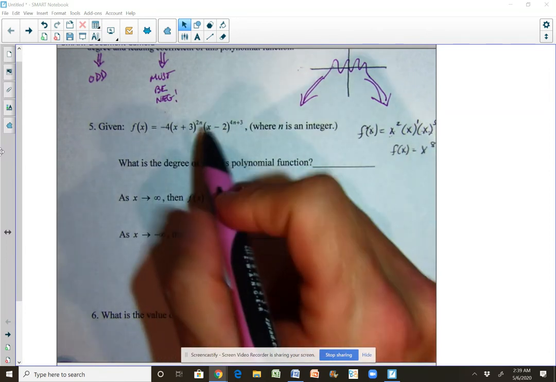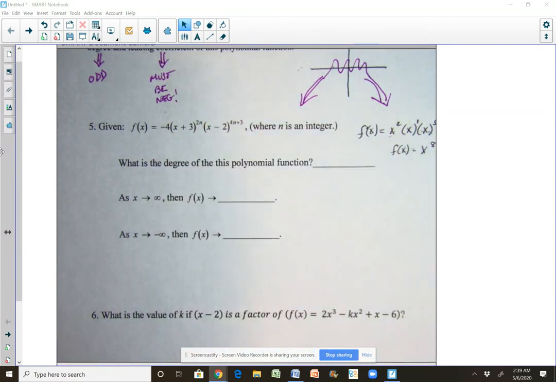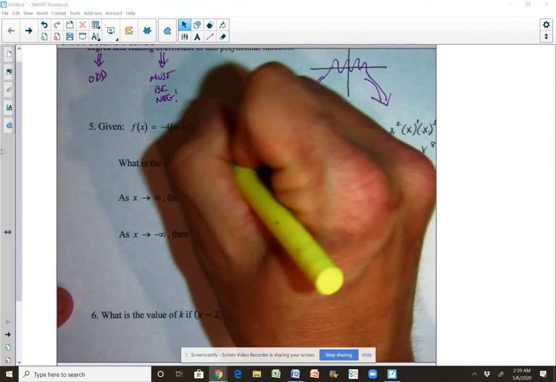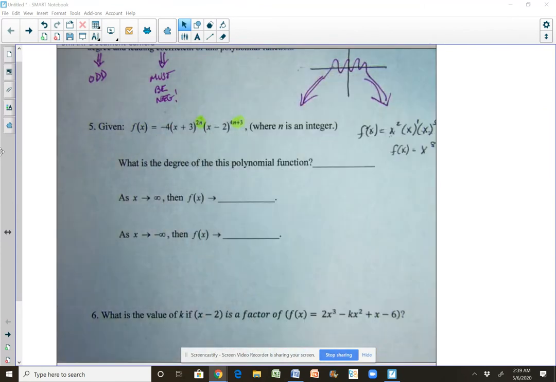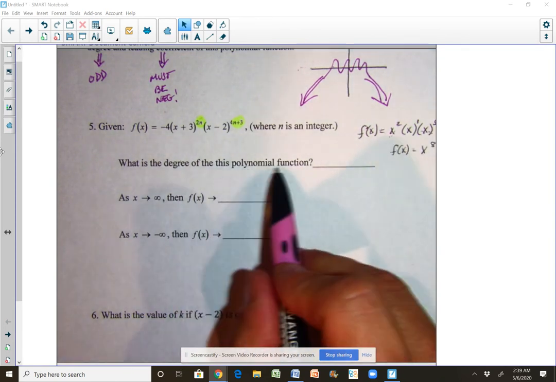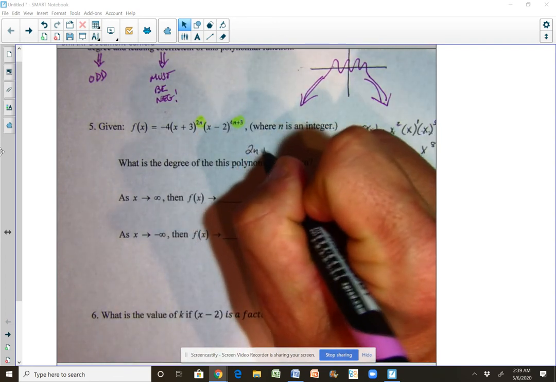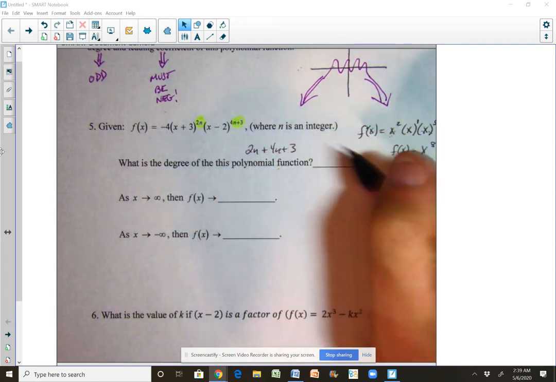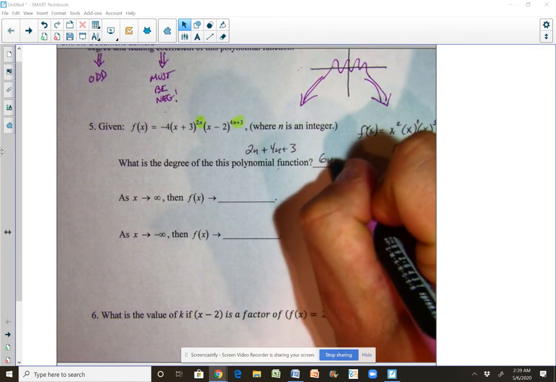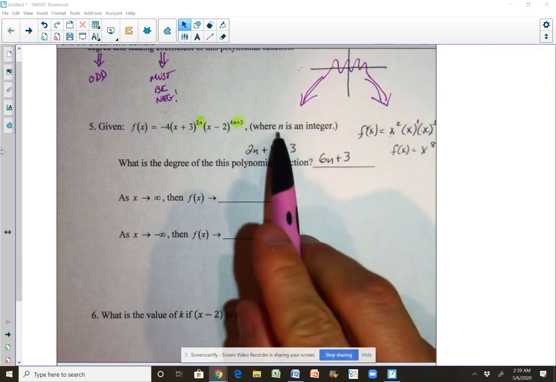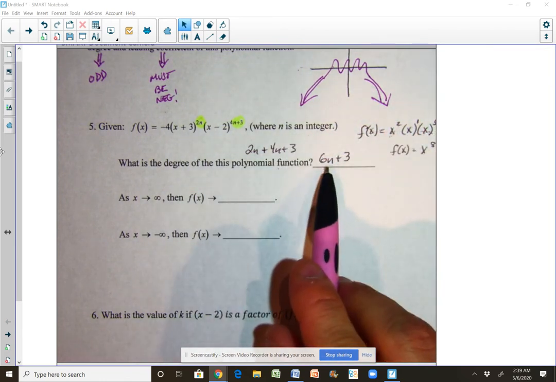So if we highlight the two exponents, we have an exponent of that power and an exponent of this power. Similar to what we did over here, you'd be adding those exponents up. So this total degree would be the power of 2n plus 4n plus 3. So a grand total of 6n plus 3, where n is some integer. So that's the degree of the function.